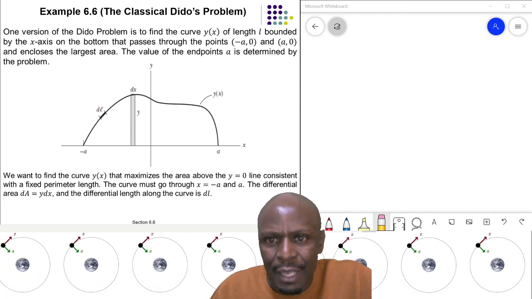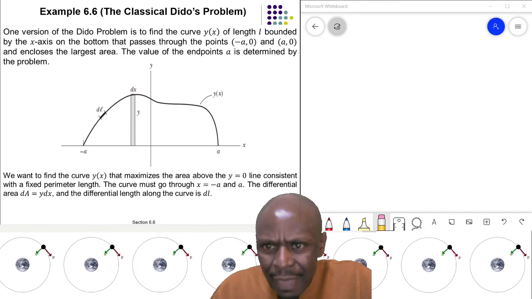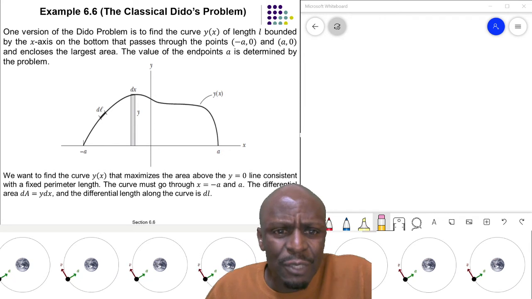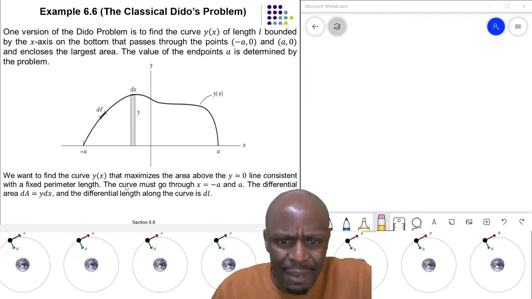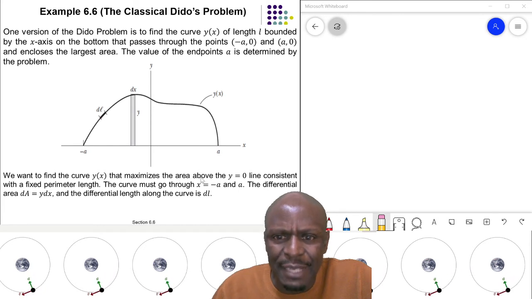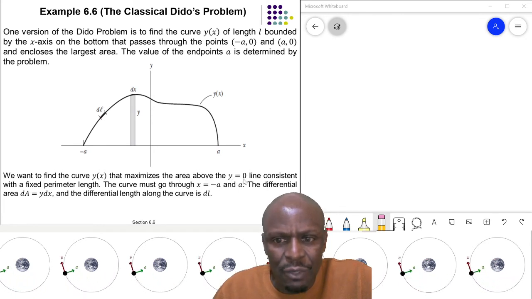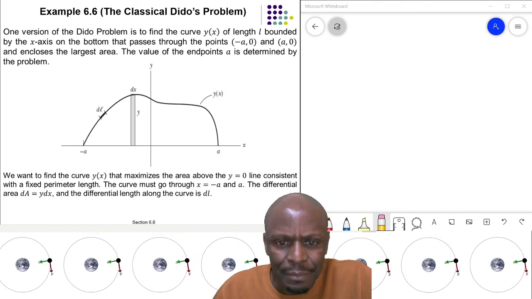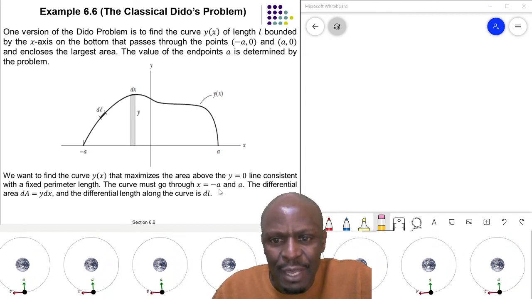The value of the endpoint a is determined by the problem. What do we really want to do? We want to find the curve y as a function of x that maximizes the area above the y is equal to 0 line, consistent with the fixed length. The curve must go through x is equal to minus a and x is equal to a.